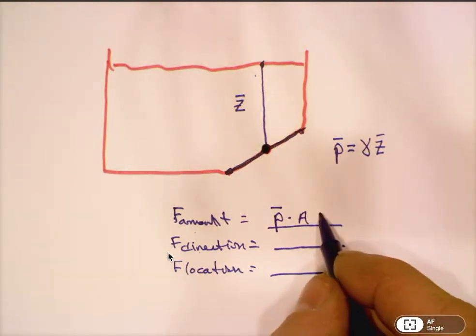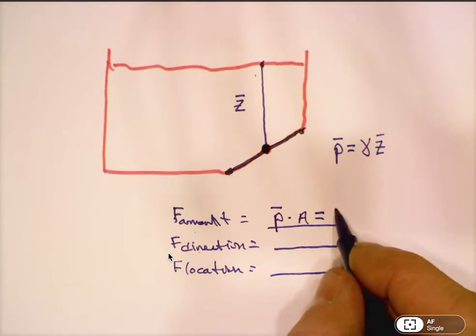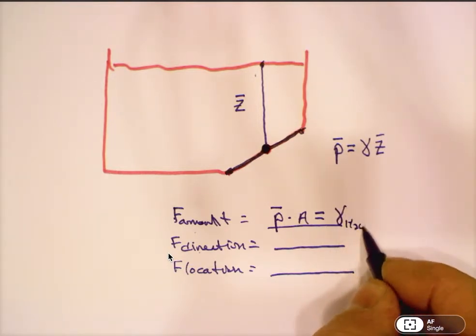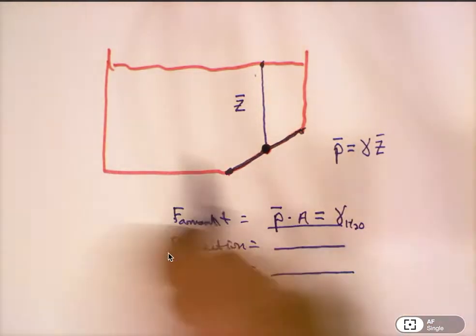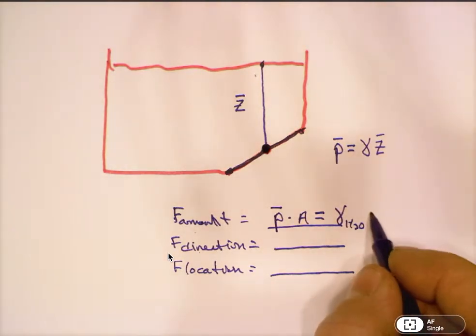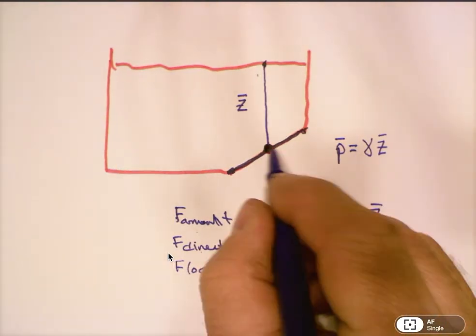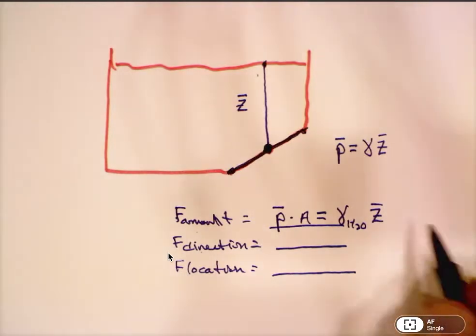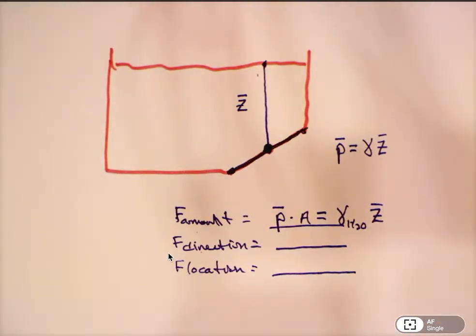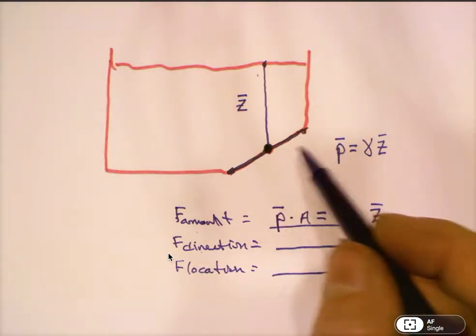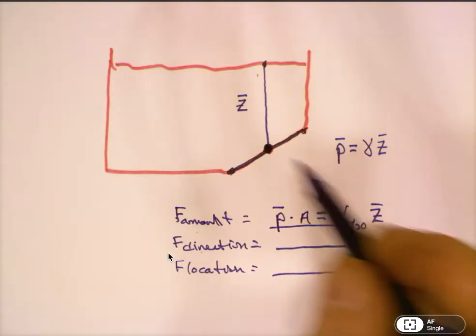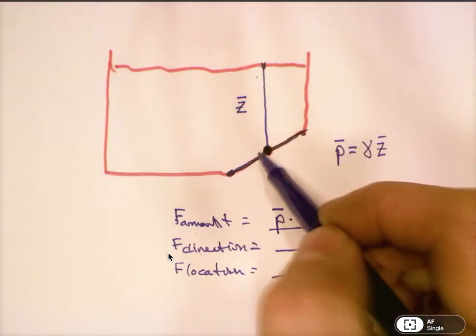So the amount of the force is simply gamma of the water, or specific weight of the water, if it is water, times the depth of the centroid of the submerged surface. So whatever that surface is, its centroid depth below the surface.